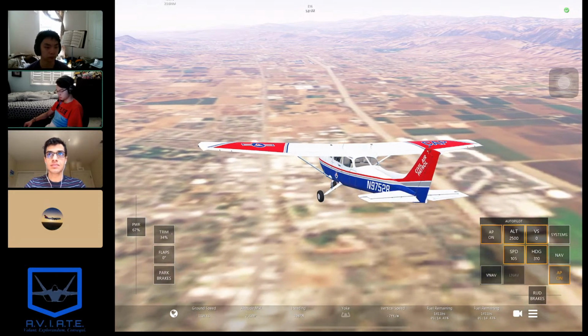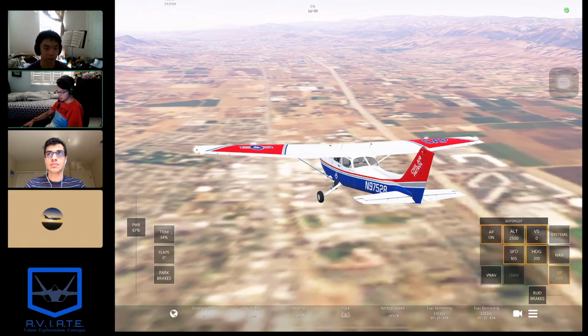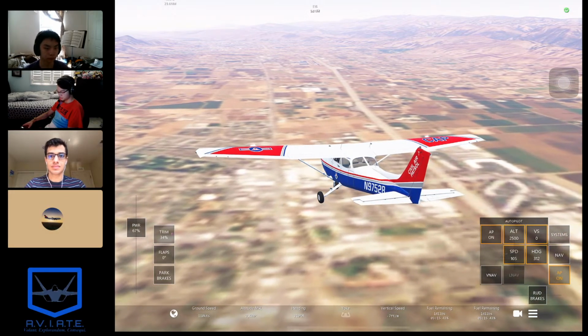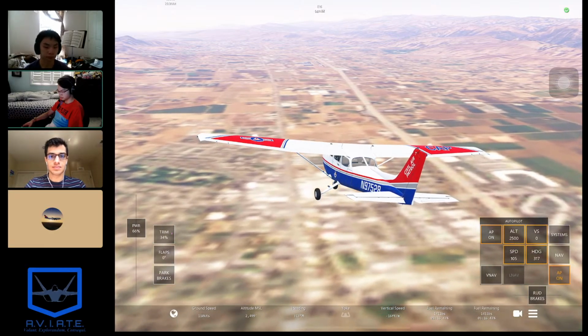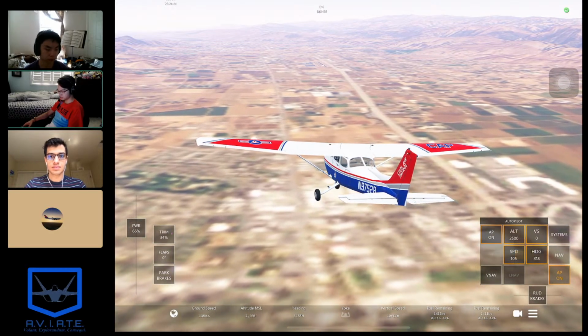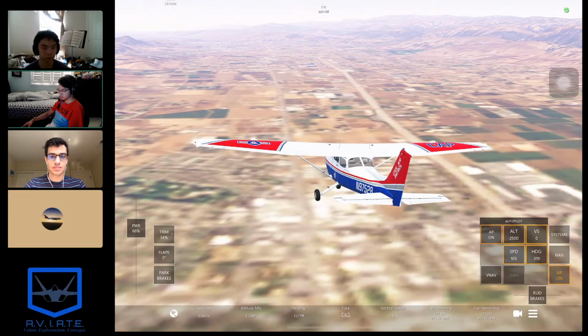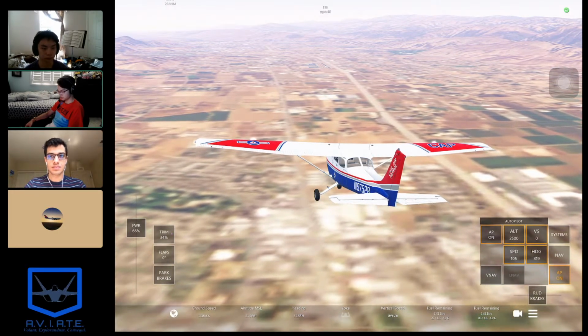Most flight schools tell you to leave the mixture full rich until you are above 3,000. Same thing when you're coming into land: if you're descending through 3,000 feet, you would put it to full rich.